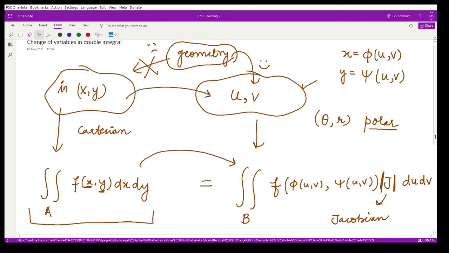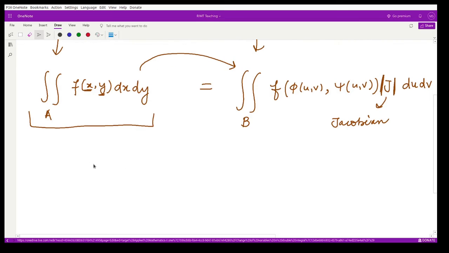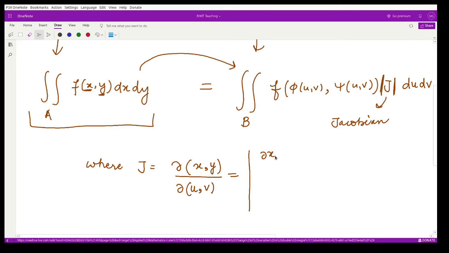And if you remember the formula for the Jacobian, this Jacobian J represents the change in the variables x and y with respect to the change in variables u and v, and it is calculated by the determinant, taking the partial derivative of x with respect to u and of x with respect to v, and then the partial derivative of y with respect to u and of y with respect to v.